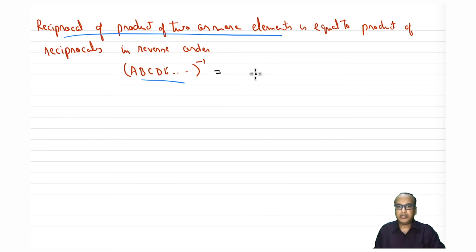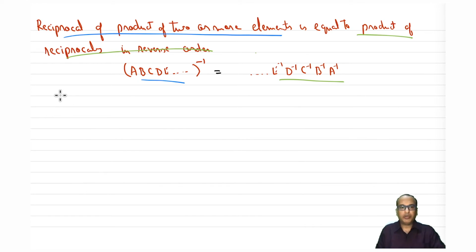That means E inverse, D inverse, C inverse, B inverse, A inverse, right? So product of reciprocals in reverse order will be equal to this, right?